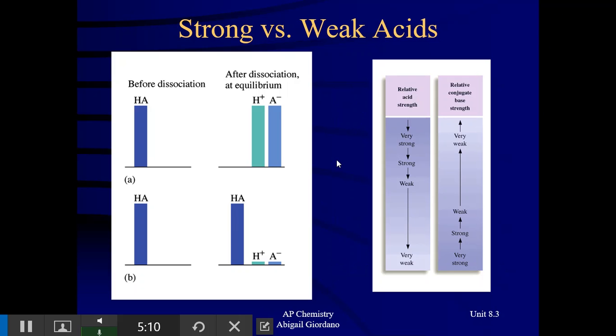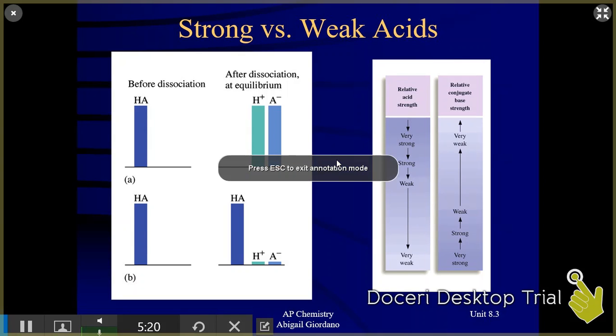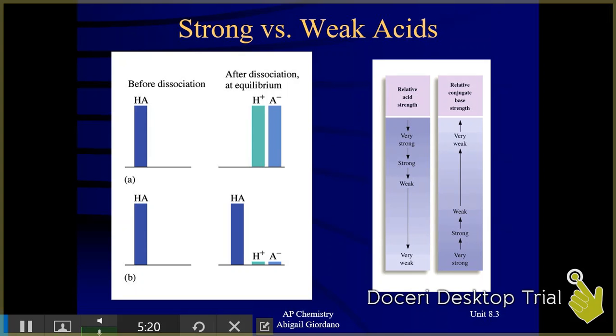If you focus on the graphic on the left-hand side, what's being represented at the top is a strong acid. Please notice that after dissociation, most of this acid has been ionized, dissociated into H plus and A minus.